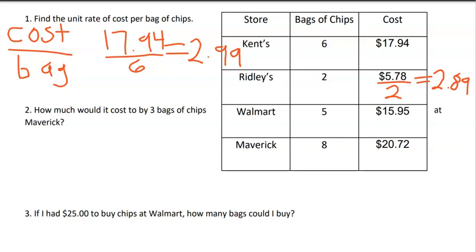We do the $15.95 divided by 5. So I'm going to write that right here, divide by 5. And you end up with $3.19. For the last one, we do cost divided by the number of items. And that gave me $2.59.